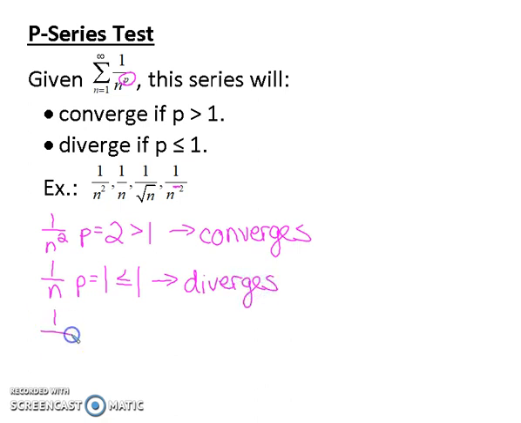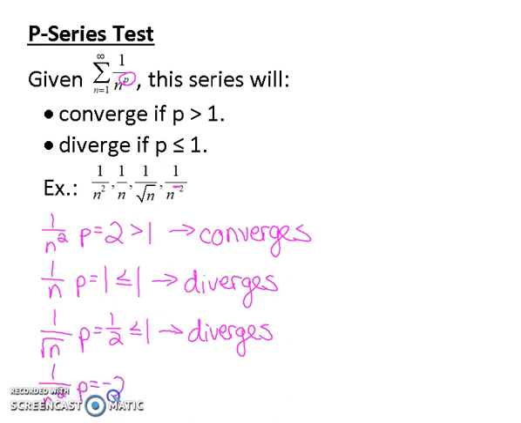1 over the square root of n, its p-value would be 1/2, which is less than or equal to 1. So it would diverge. And I could use the integral test to prove that if you wanted to. In addition to the p-series test, there's other tests I could use too, but the integral test would prove why that works. Pretty much the integral test supports the p-series test in every situation. And then lastly, with 1 over n to the negative 2, p is negative 2.